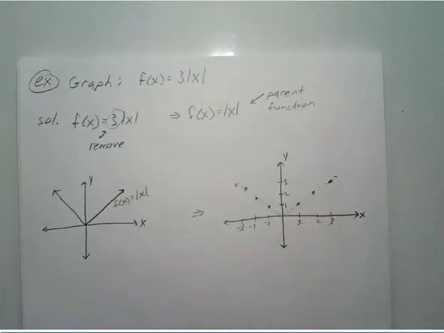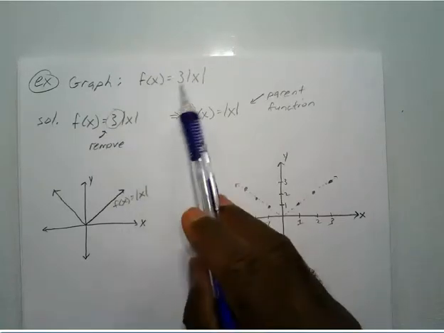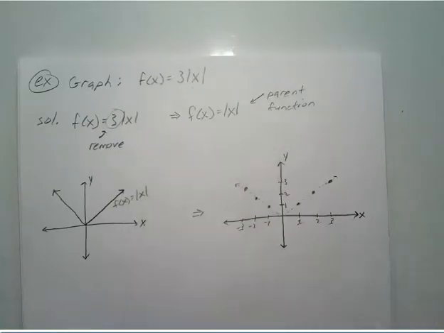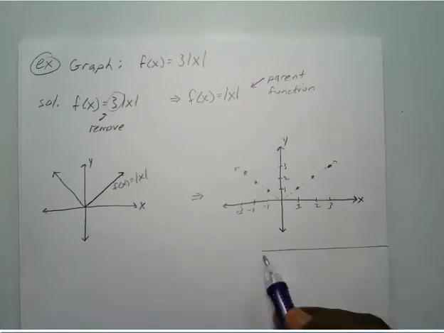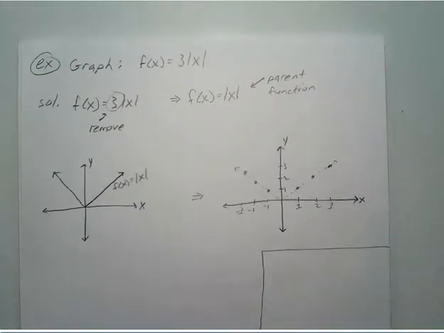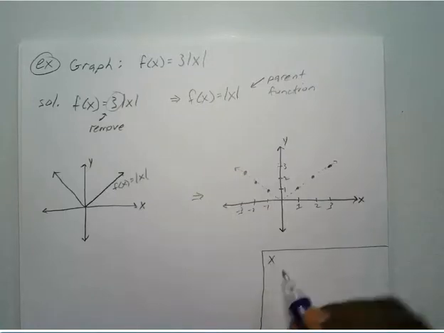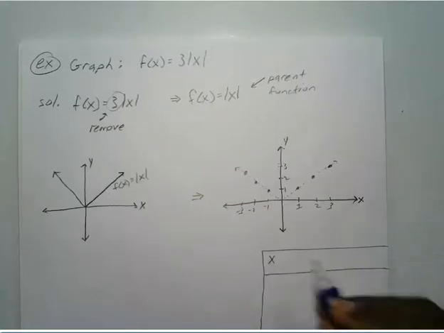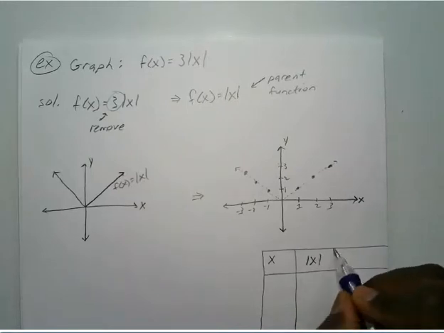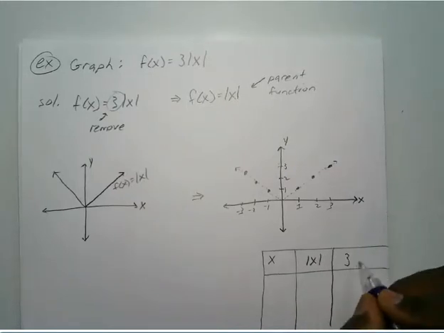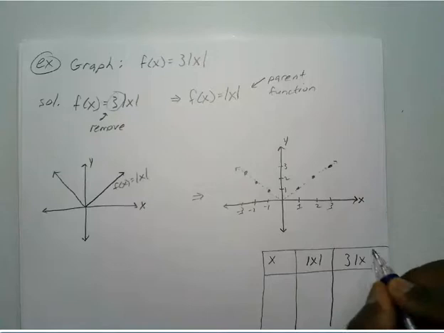Okay. Now look at it this way. We're going to get every absolute value, and we're going to now multiply it by 3. Okay, so just underneath here, I'm going to show you exactly what we mean. So you have your x here. So you have absolute value of x. And you have 3 times absolute value of x.